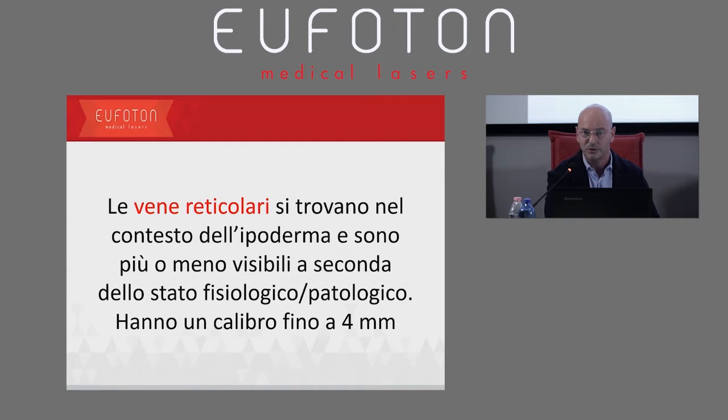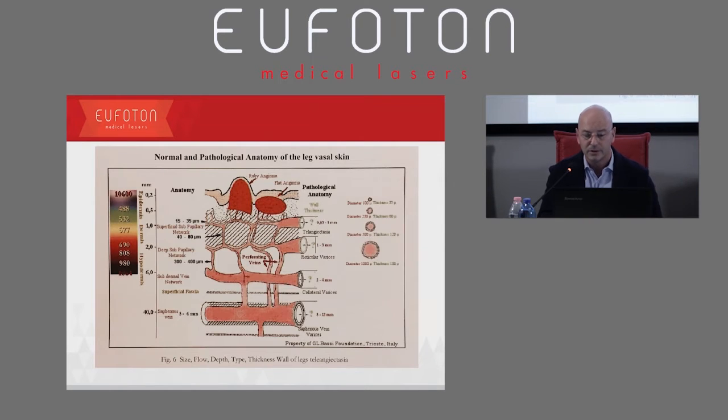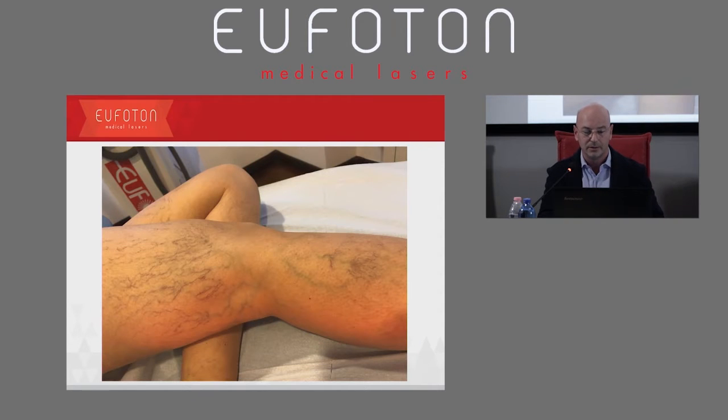Reticular vessels can be seen with transdermal light, or they can be seen like in the case that we've just checked, when they're more severe. So you see that above the superficial fascia you see the different positionings of the veins.